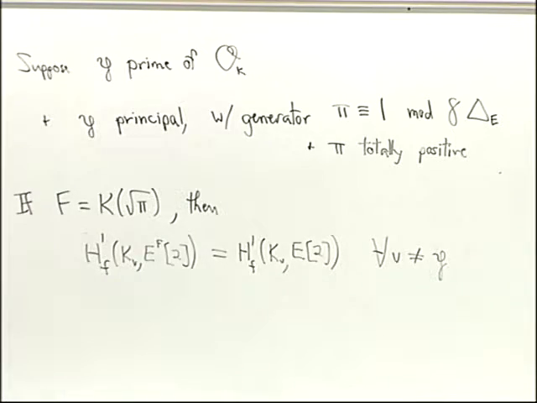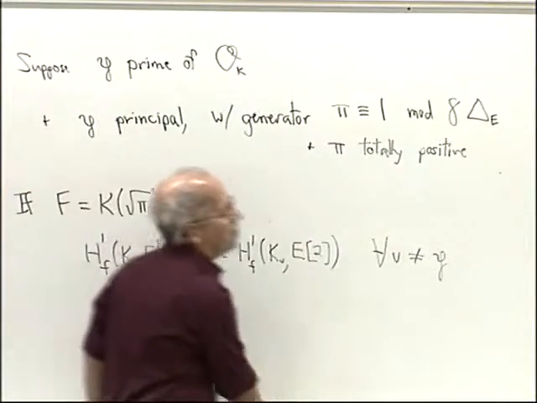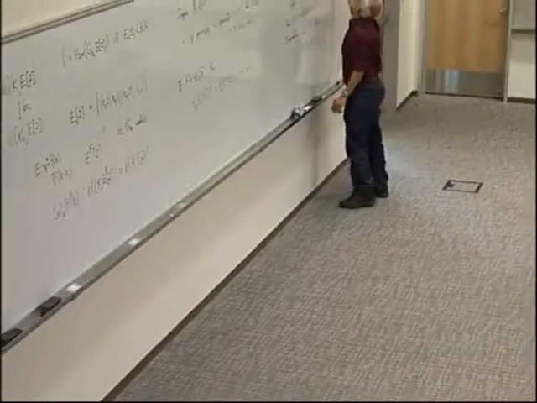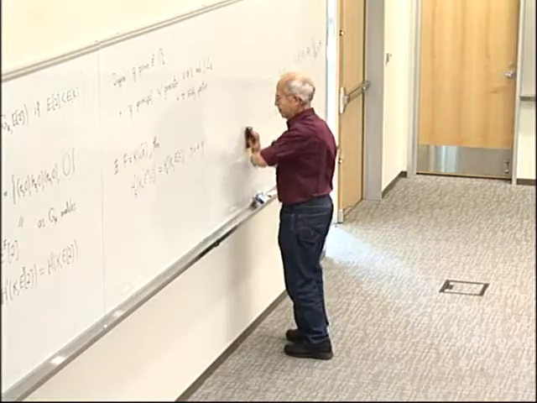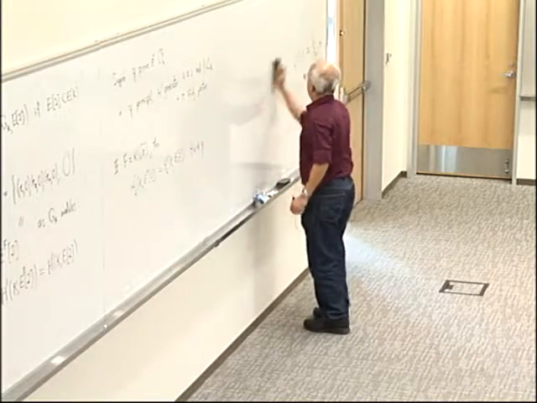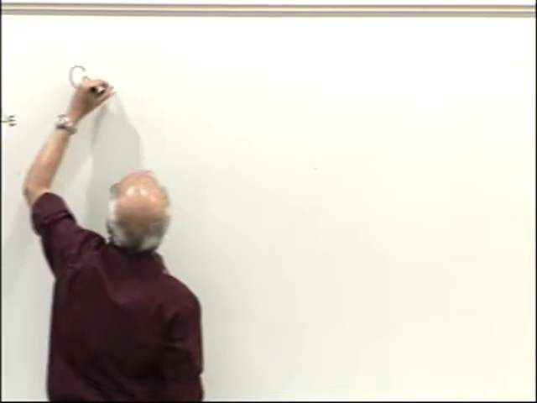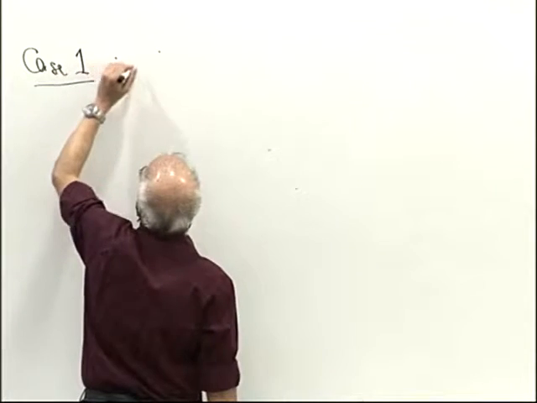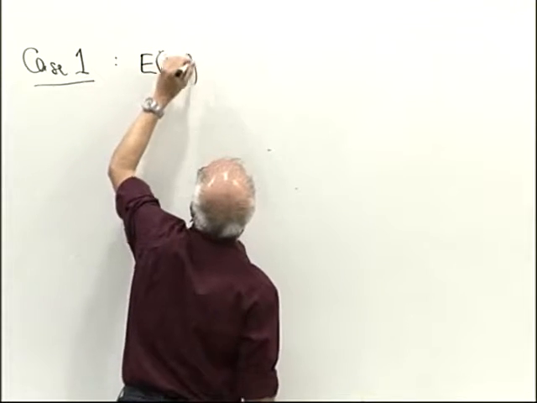So we can compare, and we now want to compare the Selmer group of E and its twist, and there are going to be several cases. So case 1, that's going to be the case where E of K completed at pi has no 2-torsion.